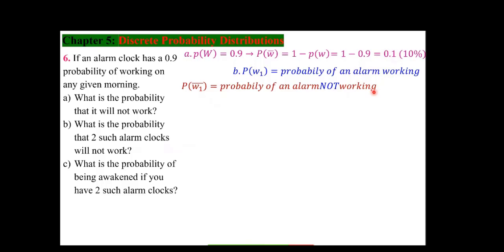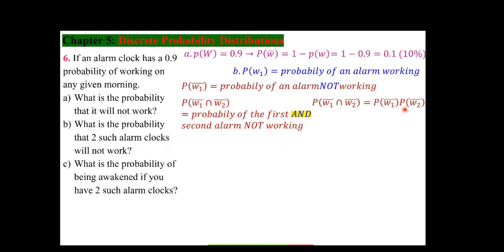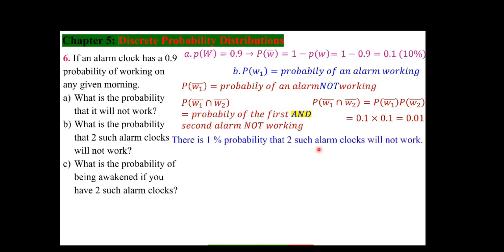If we want to write it properly, probability of W1 not intersection W2 not, the first and second alarm not working, and we multiply them because we are assuming independence. So 0.1 times 0.1 is the answer. As far as explaining it with the formulas, that really makes a difference. So there's a 1% chance that 2 such alarm clocks will not work.